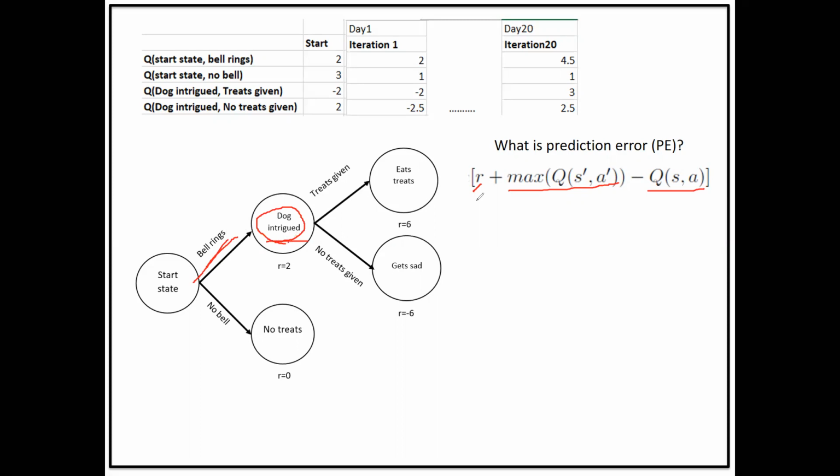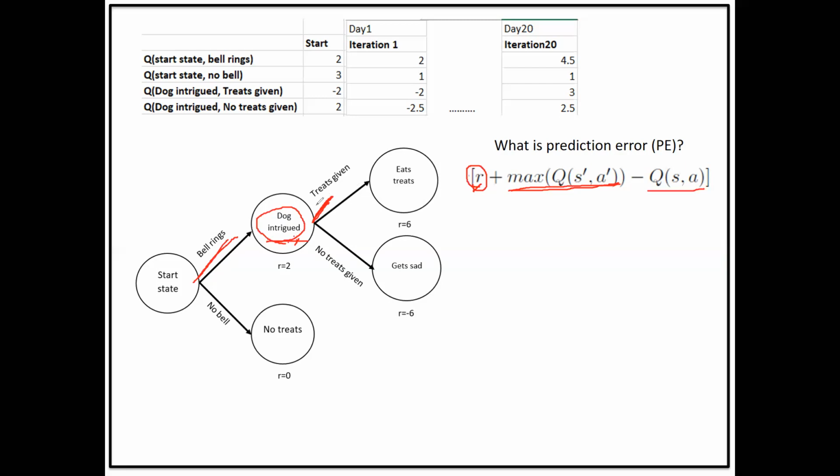You update this Q value by including the reward of being in a particular state and by considering the maximum Q value of the next state action pair, right? From here, the next state action pair which the dog would like to have is the treats being given, because it always has the highest value. So the dog knows that when the bell rings, and if it is intrigued, it is definitely getting a treat.